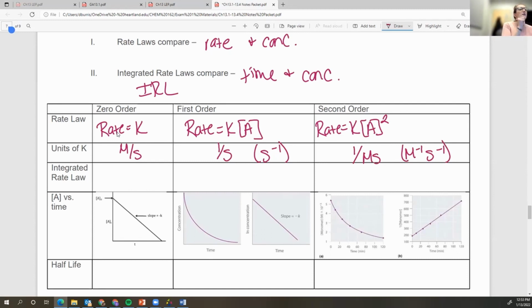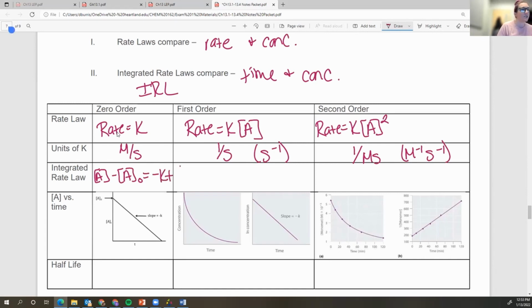Now, if I integrate these equations, I can come up with a new equation that can tell me what the concentration is going to be after a specific amount of time if I know the K value. So the integrated rate laws are as follows. For zero order, it's the concentration of A minus the concentration of A naught, meaning initial, equals negative KT.